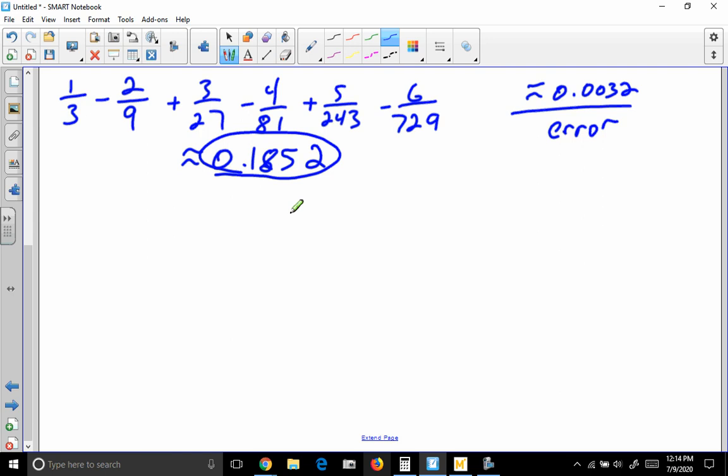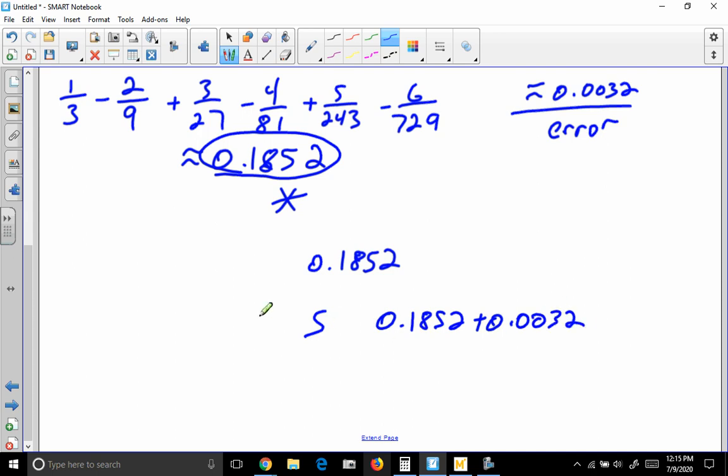So they're just going to ask us for this number, but if we wanted to know what is the largest our sum could be, or what's the smallest it could be, if this is our approximation, then our actual sum, if it's this much more, is going to be 0.1852 plus 0.0032.